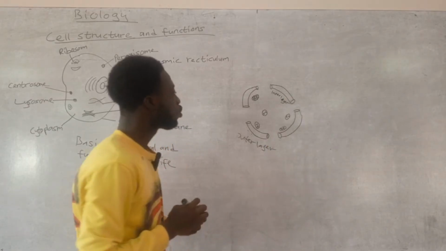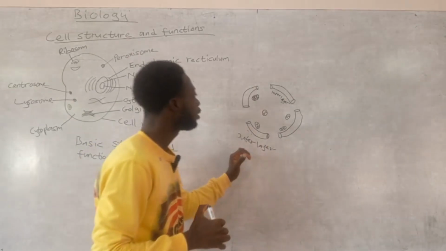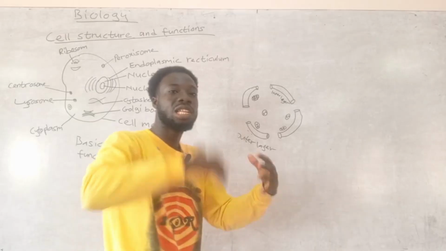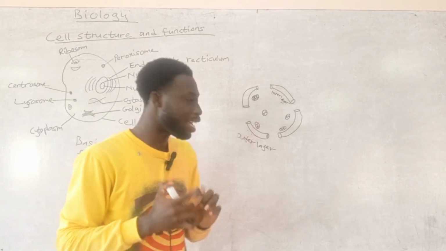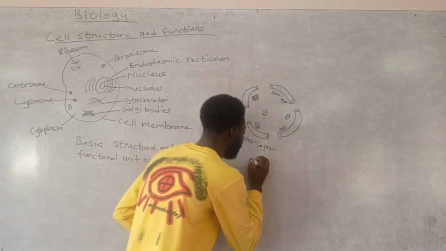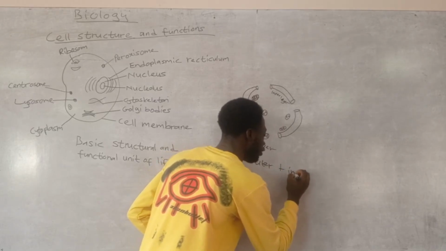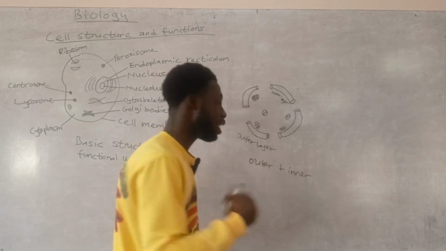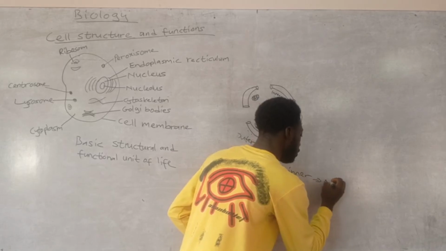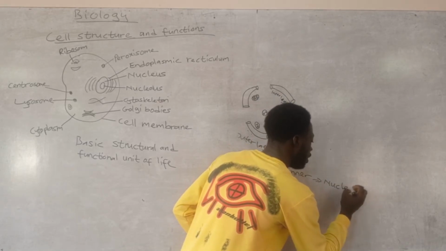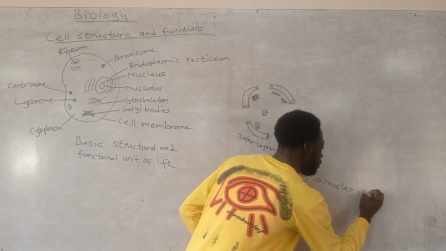All right. So when you take the outer layer plus the inner layer, we call it the nuclear envelope. Is that clear? The outer layer plus the inner layer will give you what we call the nuclear envelope.